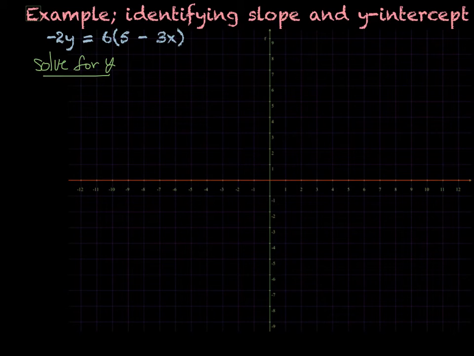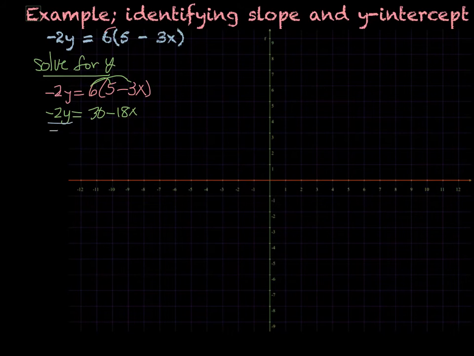So I'm going to rewrite, negative 2y equals 6 times the quantity 5 minus 3x. To solve this, I need to distribute in the 6. So I get negative 2y equals 30 minus 18x.